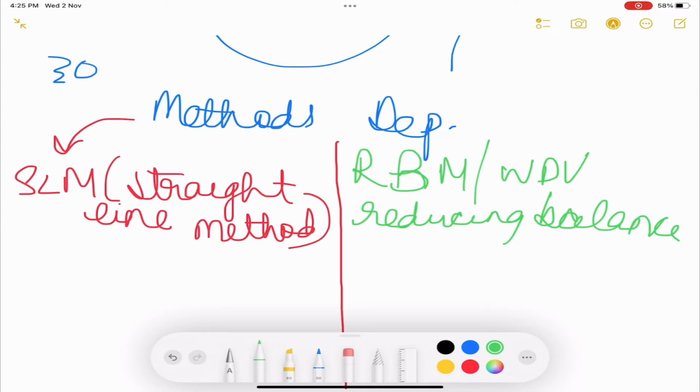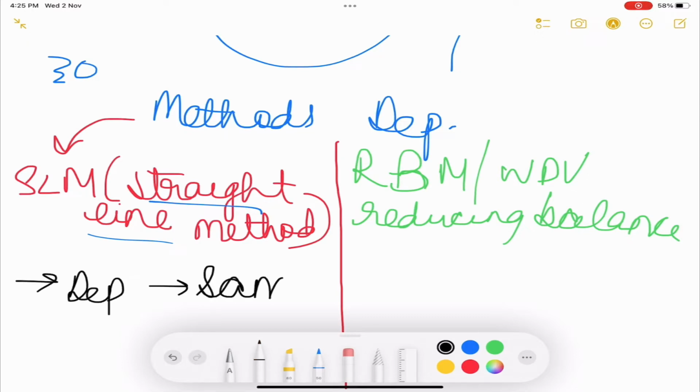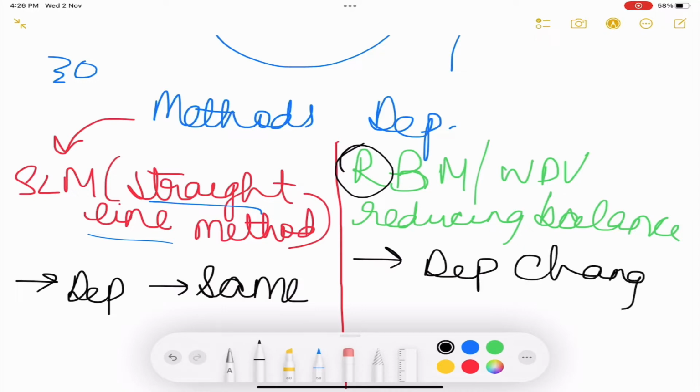Every year you are charging the same depreciation, and in reducing balance method, you can understand by the word reducing, right? So reducing balance method means that the balance keeps reducing. So in straight line method, depreciation remains the same, and in reducing balance method, we are reducing the balance, we are reducing the value, we are writing it down, so the depreciation changes every year.